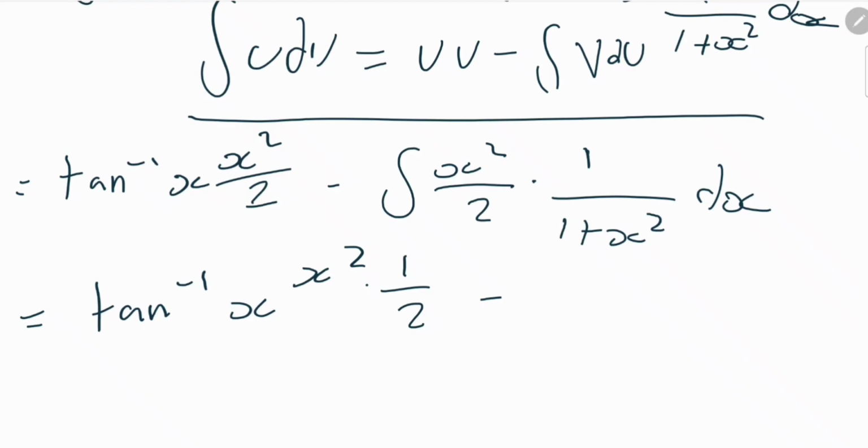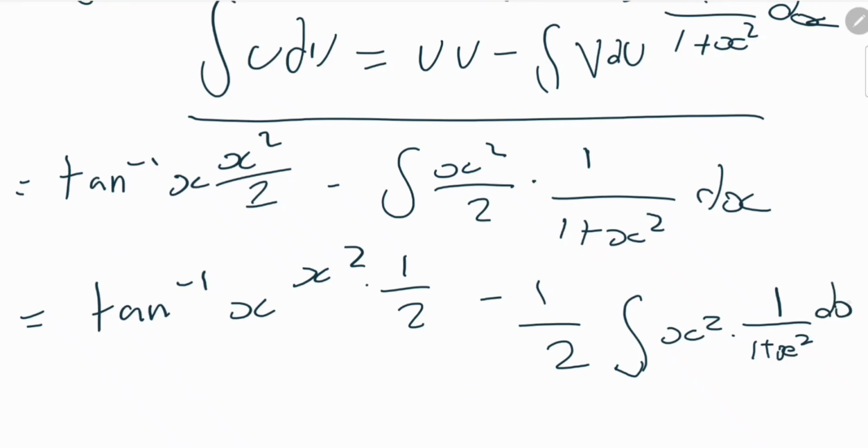Well, here you might be able to see that the x squared over 2 is the same as 1 over 2 times x squared. So we can move 1 over 2, a constant, to the front of the integral. 1 over 2 integral of x squared times 1 over 1 plus x squared dx. Great.